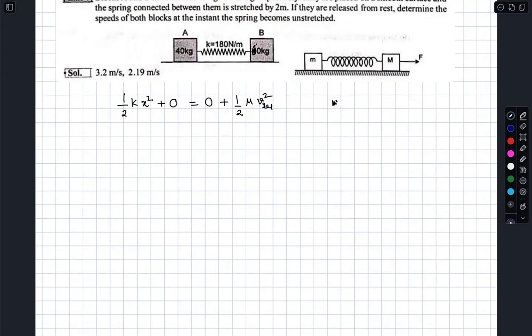I am taking the case initial, you have compressed it, final.